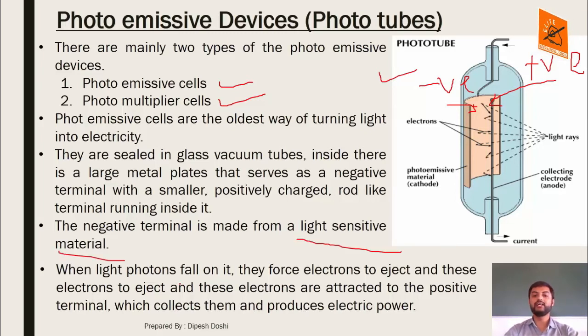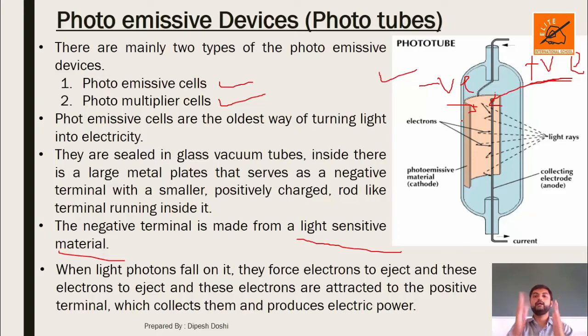So when the light photons fall on it, they force electrons to eject, and these ejected electrons will be attracted by the positive plate. Suppose this one is the negative plate. Whenever light is incident over here, because of the light photons, electrons will be forced to eject.